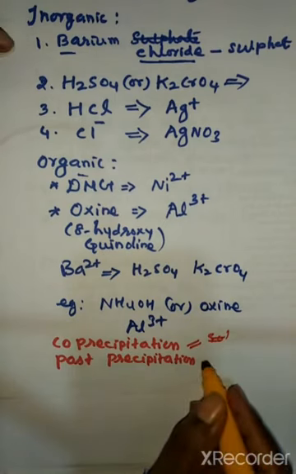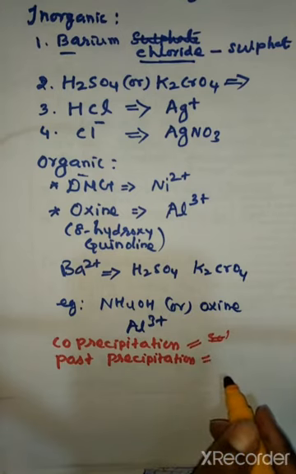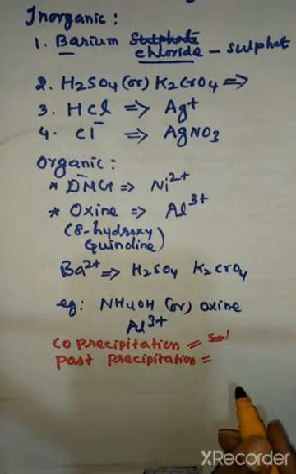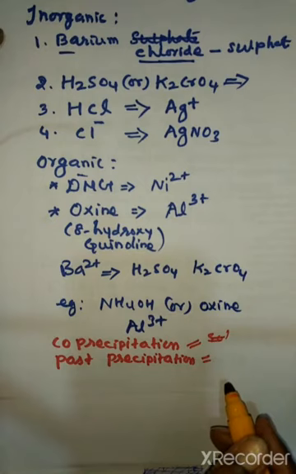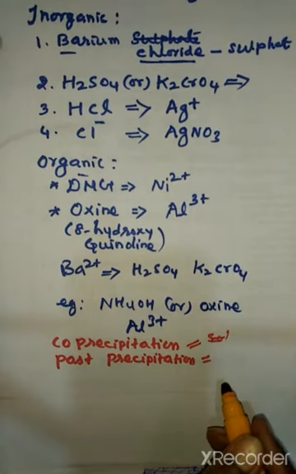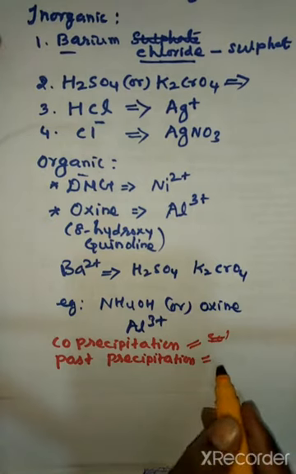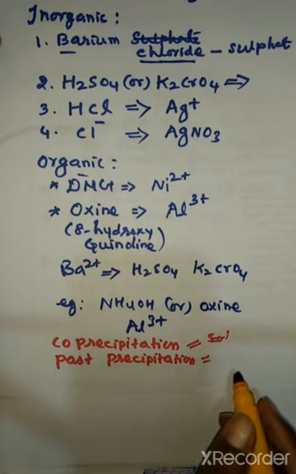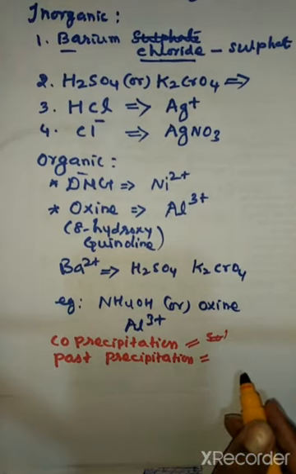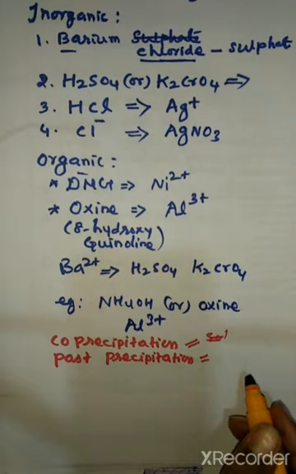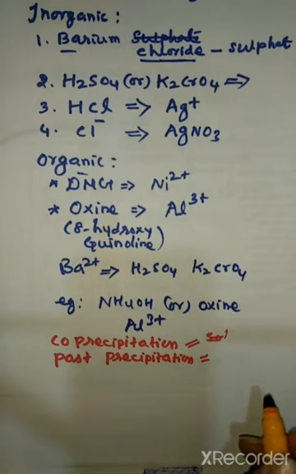What is post-precipitation? This is the precipitation that occurs as a large layer upon already formed precipitate. It is surface-based contamination or impurity that occurs due to high primary absorption or supersaturation of the solutions.